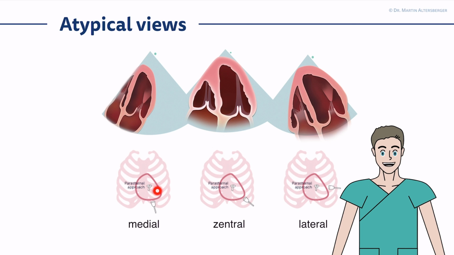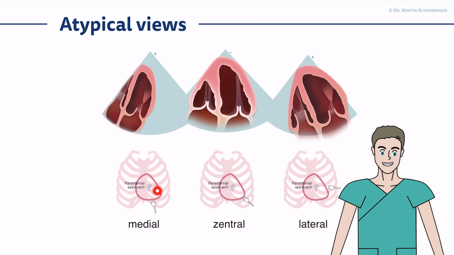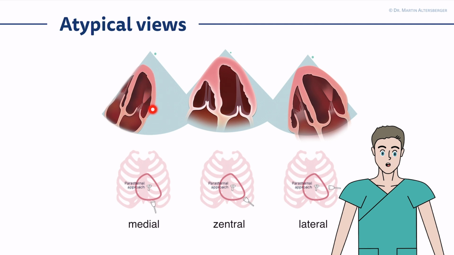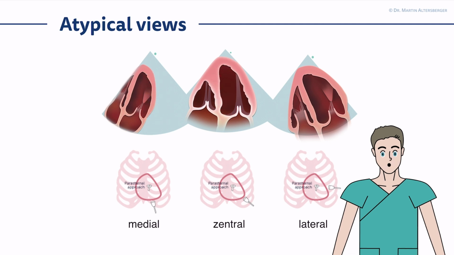So not always you can see everything with the four-chamber view optimally. Then it is time to move the transducer. You can move medially so that you see the lateral parts of the left ventricle better, so the anterolateral wall. You have here the traditional four-chamber view.